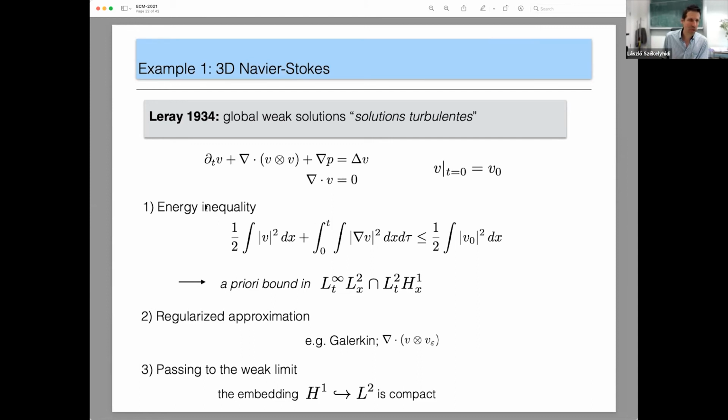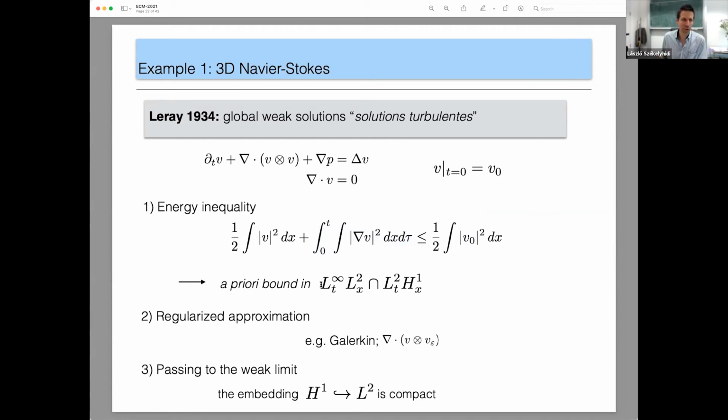The first step is to derive the following energy inequality, which does not just include the kinetic energy, which has to be less than the initial kinetic energy, but is also balanced by the cumulative dissipation over time. Now, if you have the set of solutions with this bound for some given class of initial data, which is bounded in L2, that gives us this a priori bound.